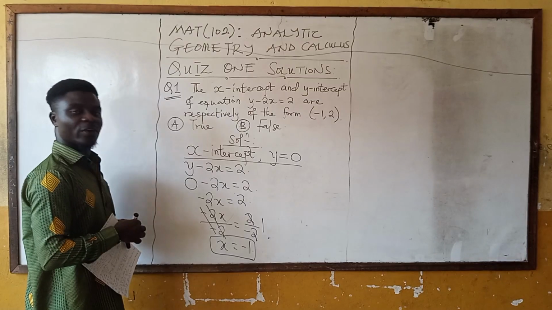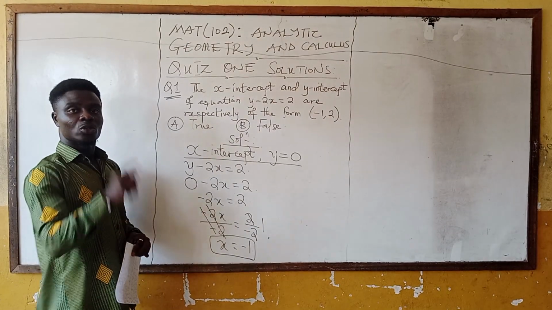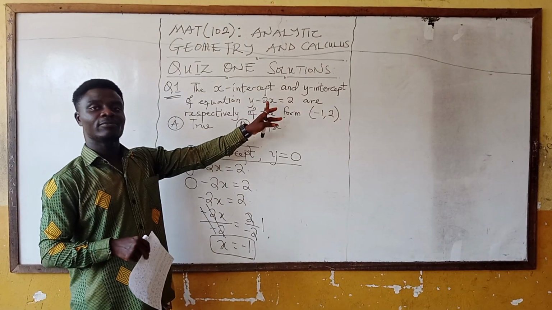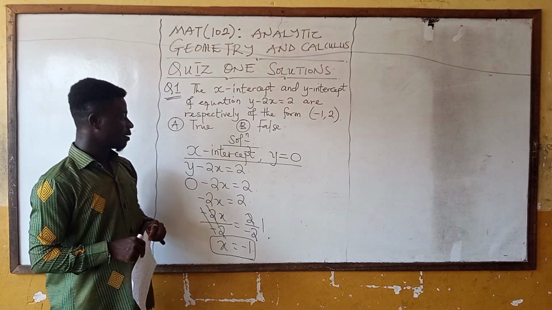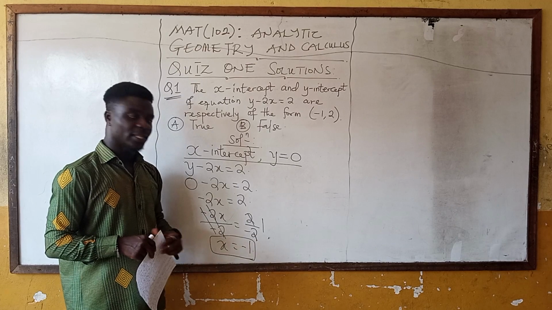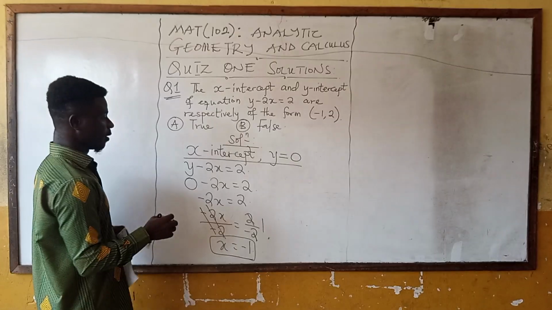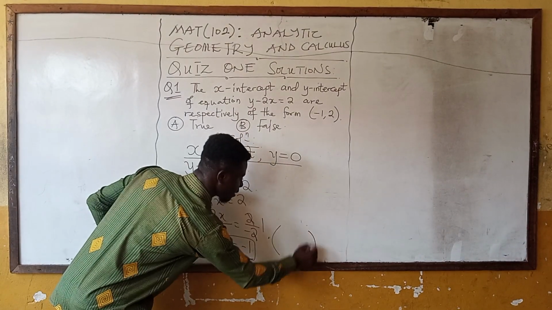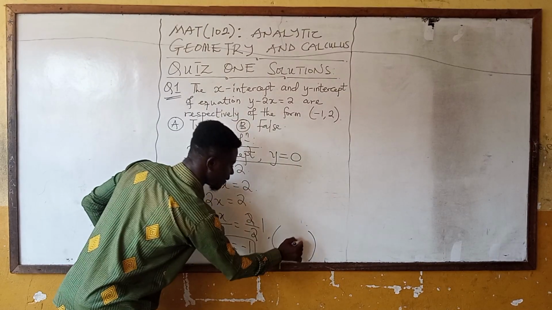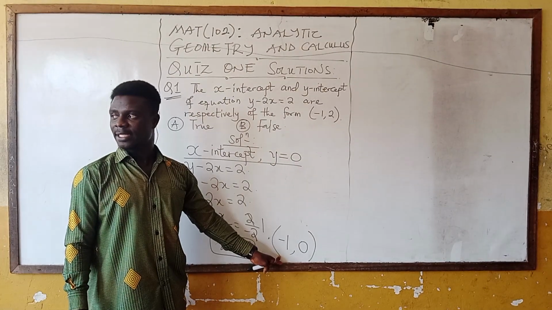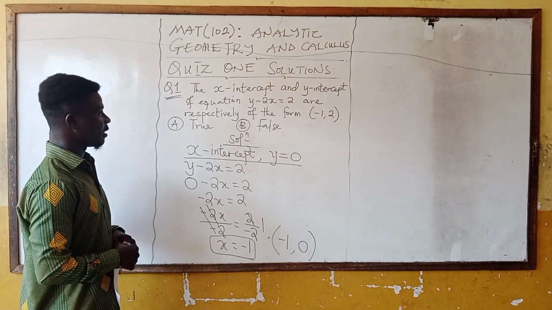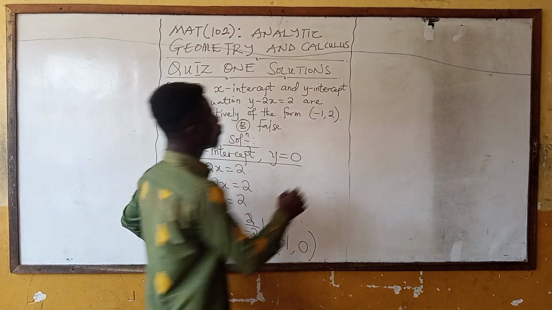So we have x equals -1. So if this line y minus 2x equals 2 cuts the x-axis, we get the point -1. Because y is 0, then our x is -1. So this is our x-intercept. That's our x-intercept.